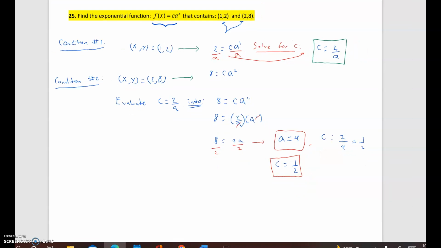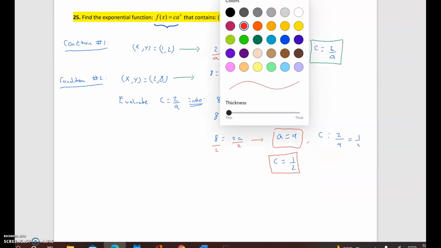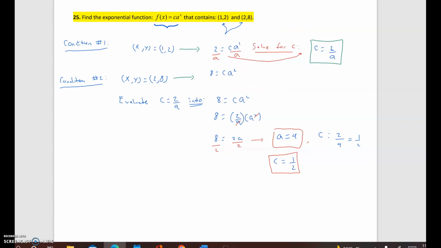Okay, at this point, the actual exponential function is f of x equals, and let me rewrite it exactly as it was stated, a half, where a happens to be 4, to the x.